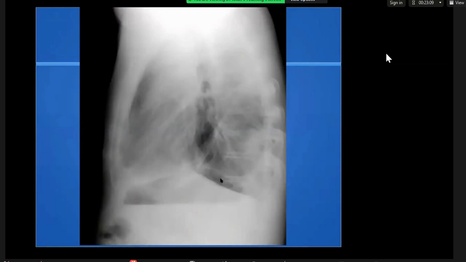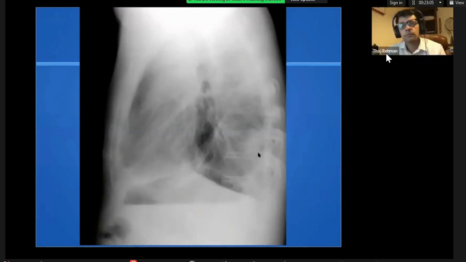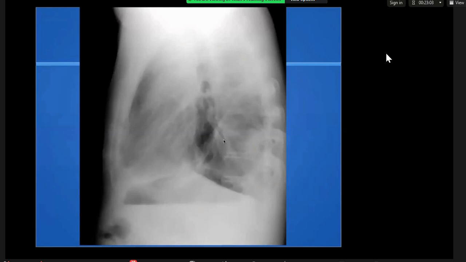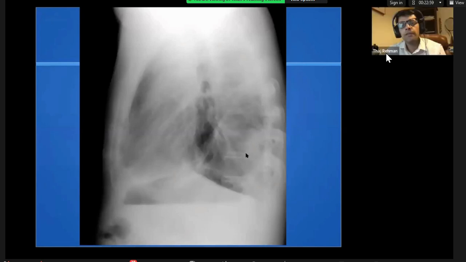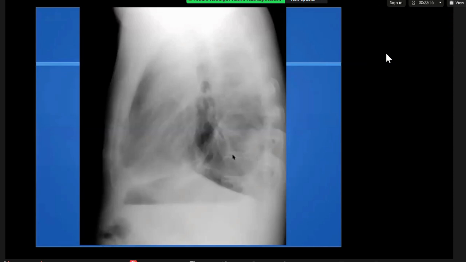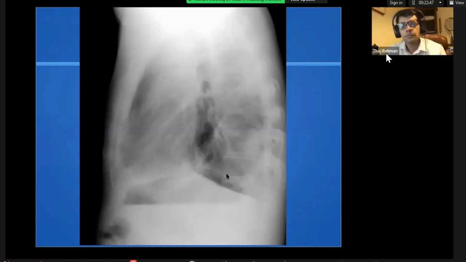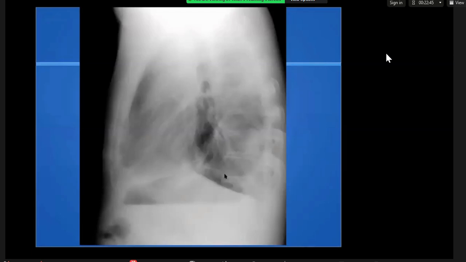So I'm thinking, could it be a mesothelioma because of the pleural based pathology? Is mesothelioma a differential in bilateral apical fibrosis? No. So you're looking specifically at this vertebral body. Here, there's increased density over the posterior vertebral body.